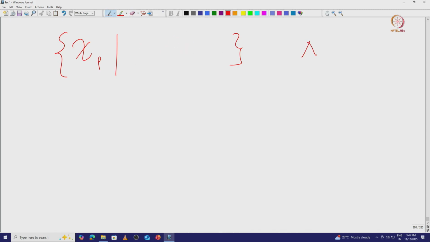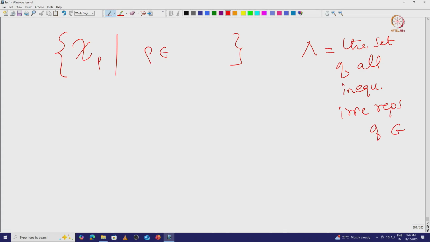Let us call this capital Lambda the set of all inequivalent irreducible representations of G. Basically we are taking chi_rho where rho runs over this capital Lambda.